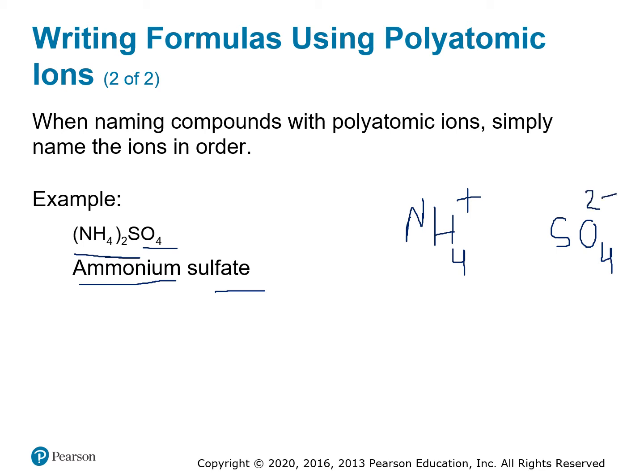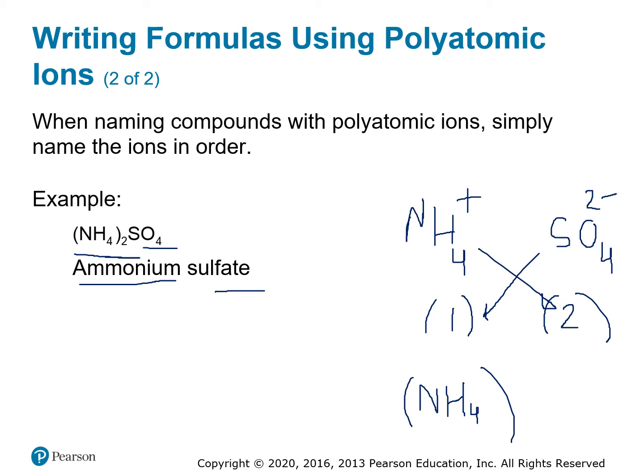If I go with my crisscross method, ammonium is 1, sulfate is 2, and I crisscross the charges. Then my formula will have ammonium, put the parentheses, the 2 belongs to ammonium, and then I'll just write SO4 because there is only one SO4.